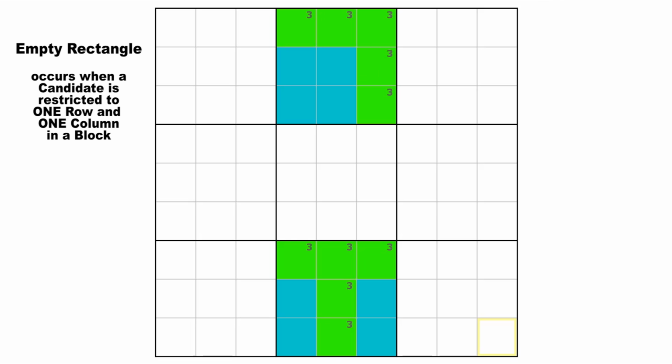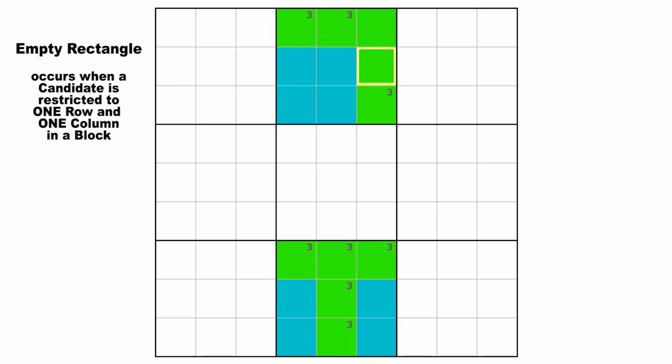It just needs to be located in only one of the rows and only one of the columns in a particular block. For instance, if it looked like this, candidate 3 would still be in just row 1 and column 6. And likewise, if it looked like this, candidate 3 would still be in row 1 and column 6.